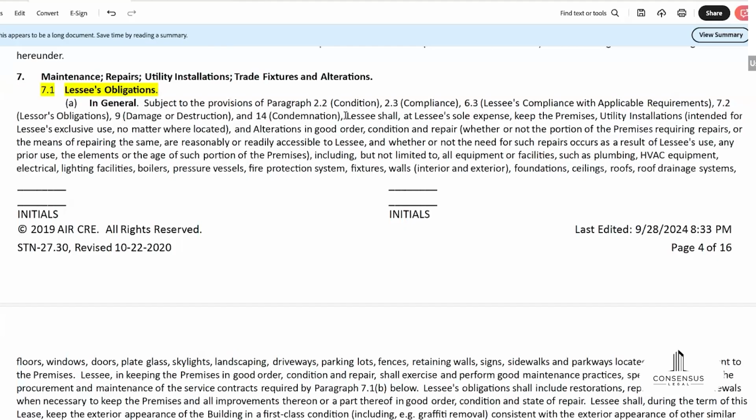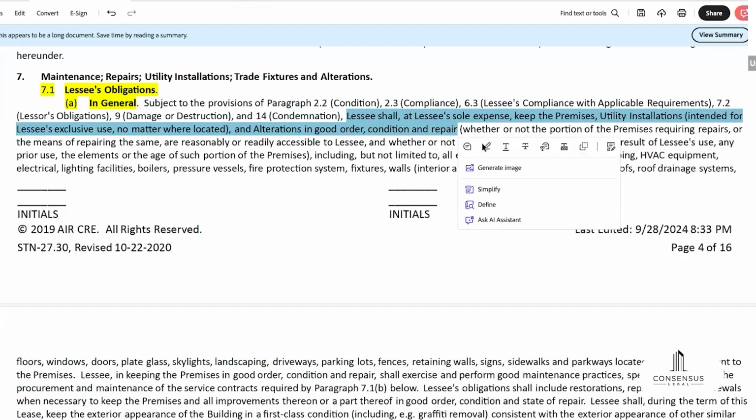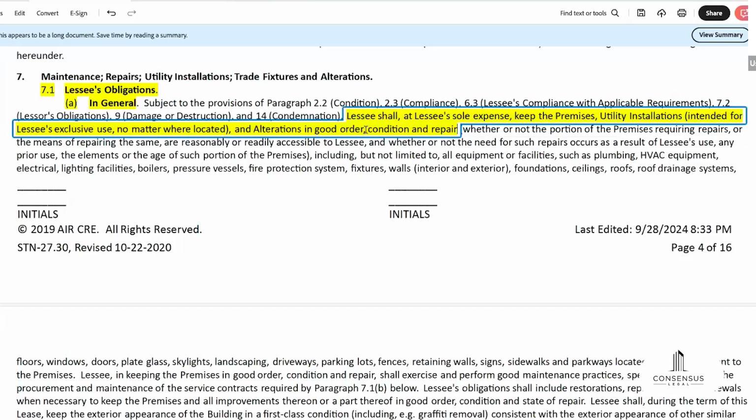So this key provision here in 7.1a, lessee at lessee's sole cost and expense. Lessee shall, at lessee's sole cost and expense, keep the premises, utility installations, and alterations in good order, condition, and repair. So that's the general overriding kind of obligation here.